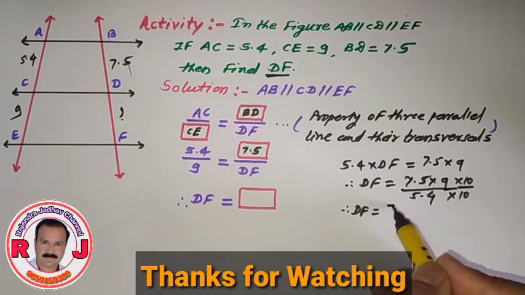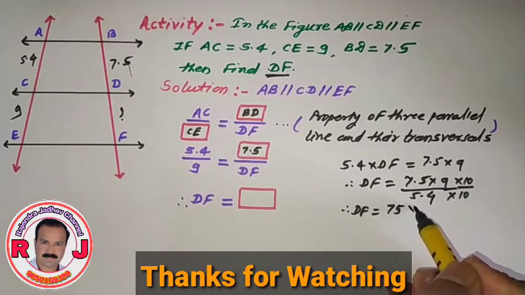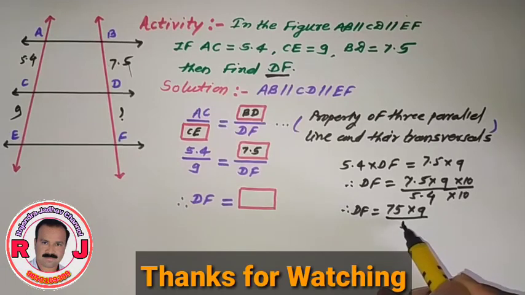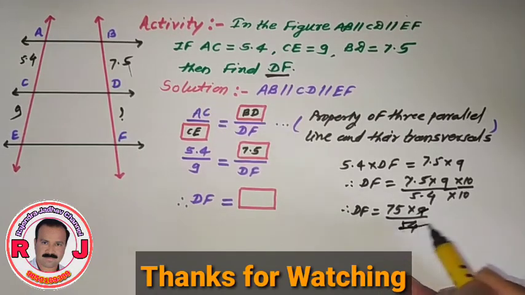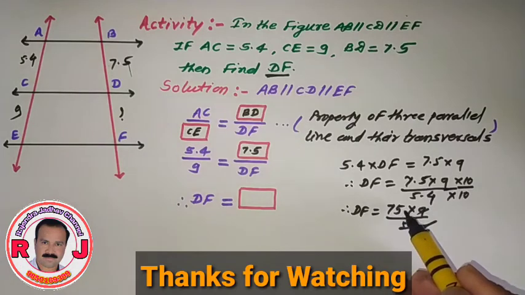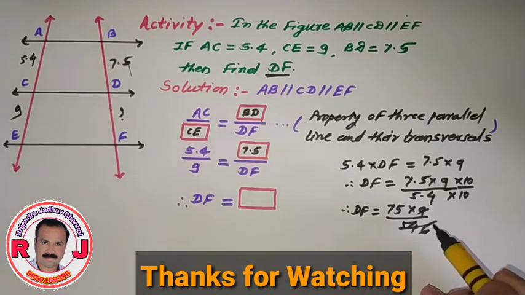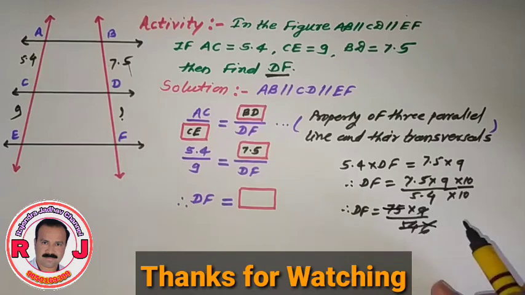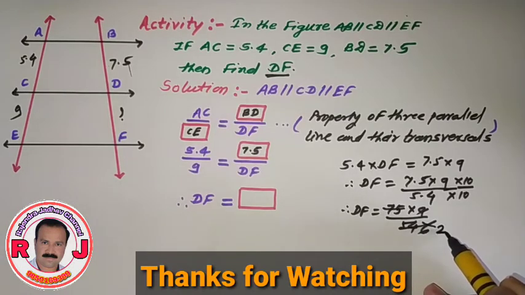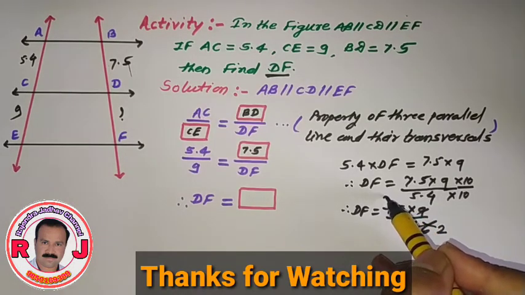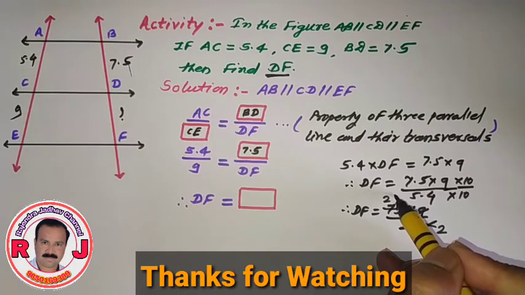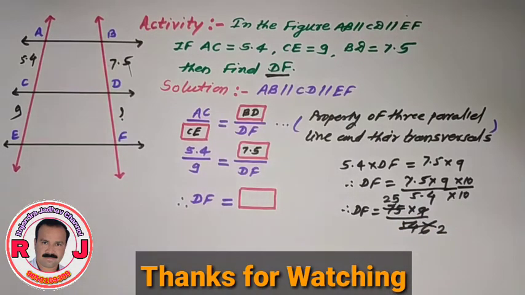DF is equal to 7.5 into 10, 75 into 9 upon 54. 9 6s are 54, and 75 and 6 divided by 3: 3 2s are 6, remaining 1, 3 5s are 15.